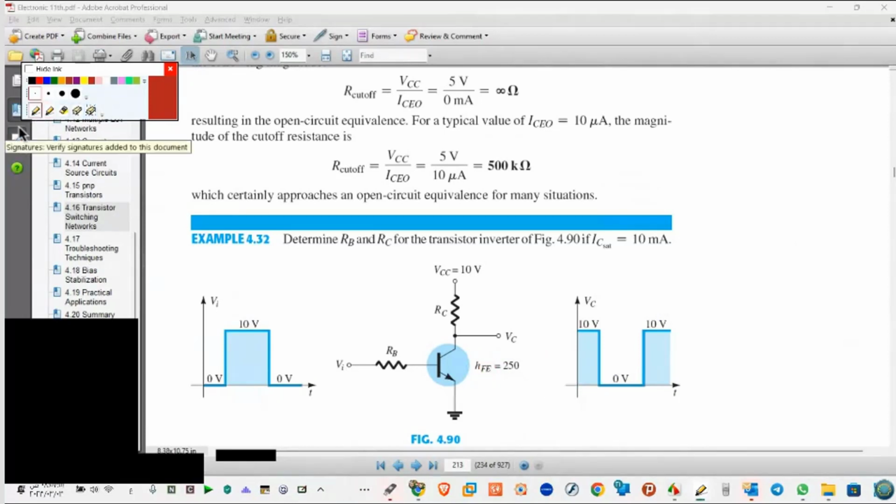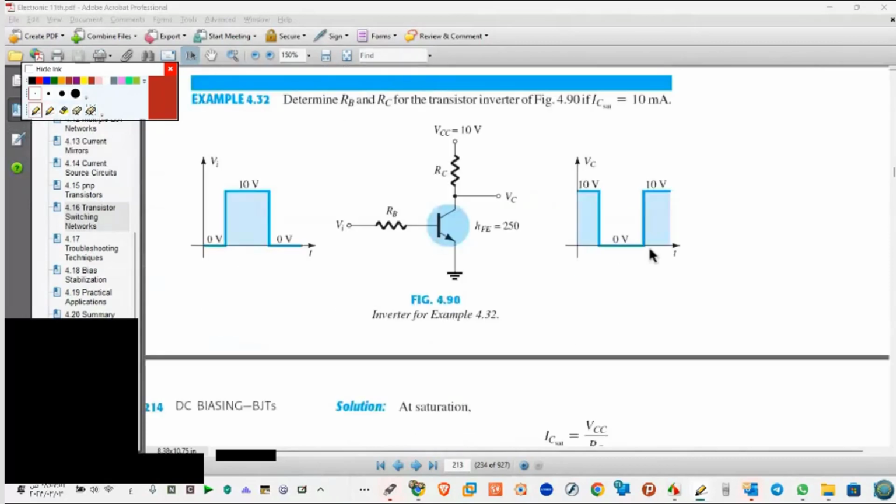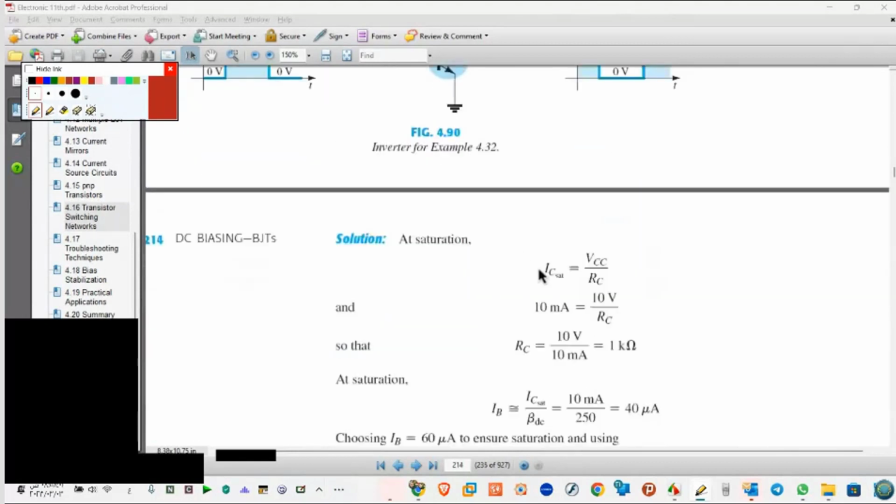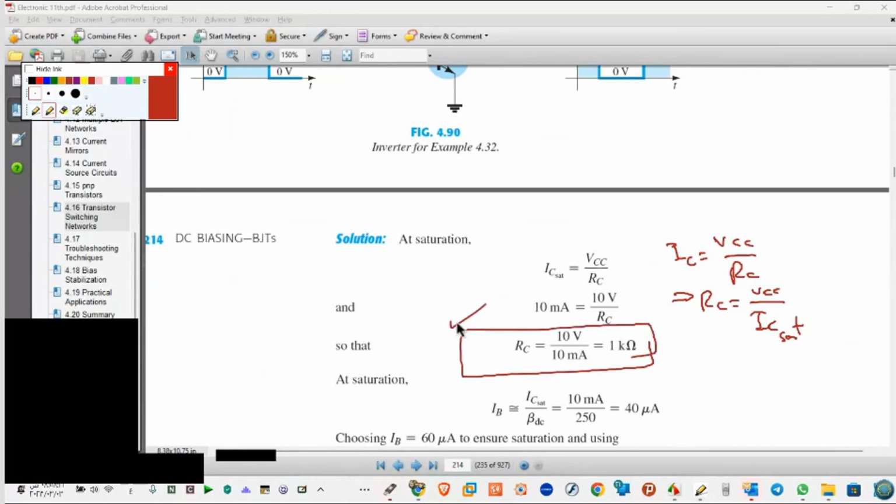Now let's go on. He asked me for a design. He gives me IC saturation of 10 milliampere, and I also have beta. I will start to find RC directly. I know that IC equals VCC over RC. So RC equals VCC over IC saturation. Directly you can find the number. So RC here is 1 kilo ohm.